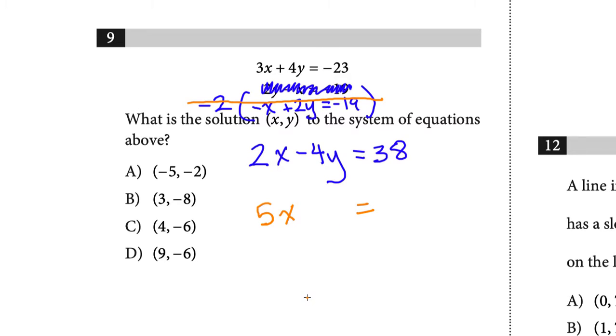Thank you, Cohen. And then what about negative 23 plus 38, or 38 minus 23? What is negative 23 plus 38? I'm adding the right-hand side.